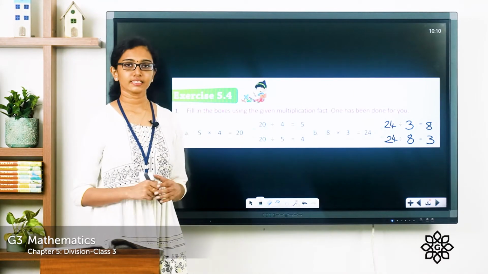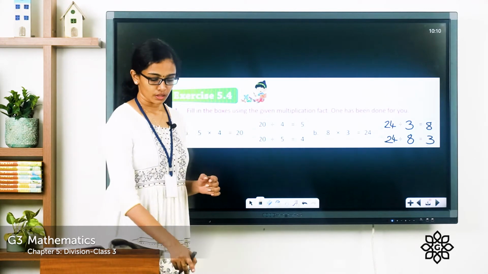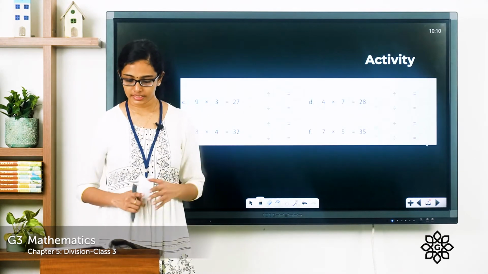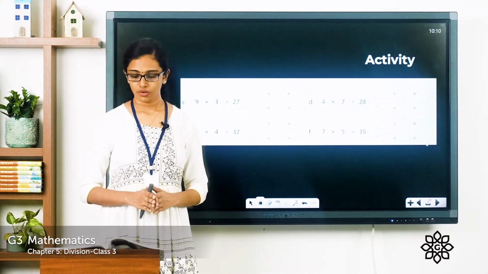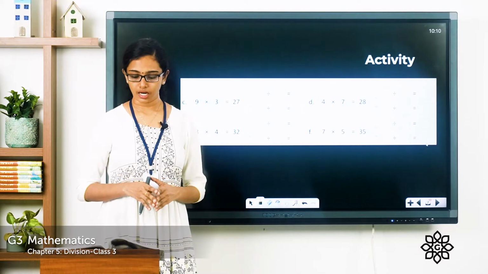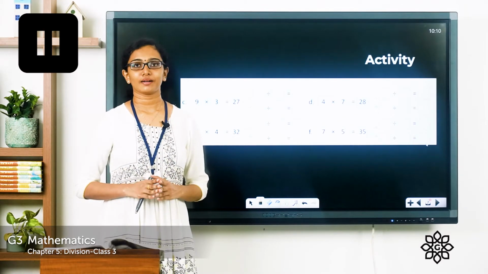Clear? You can write this in the space given in the textbook. Similarly, you have to complete the questions C, D, E and F now. You can do this as an activity.